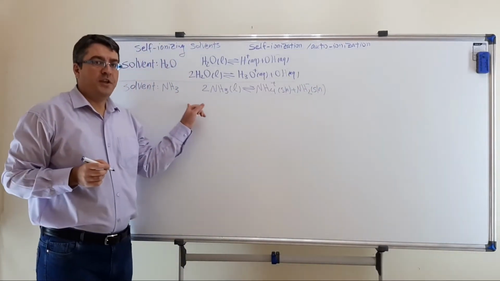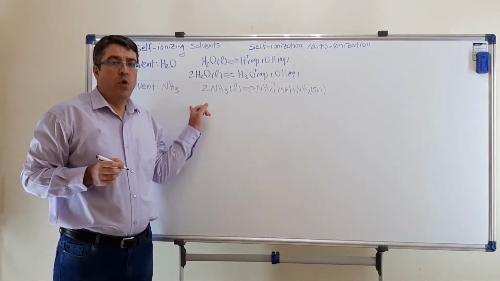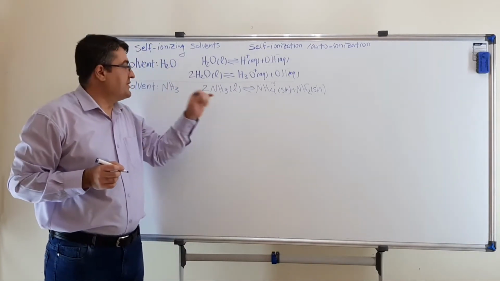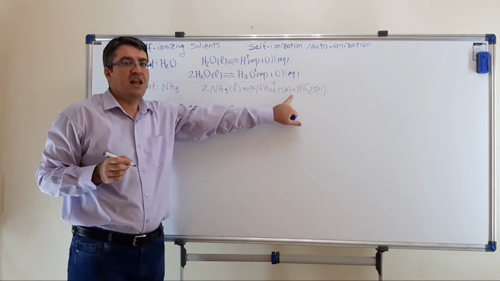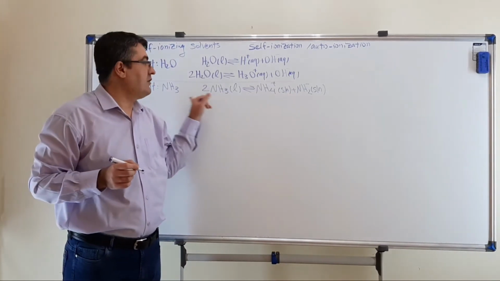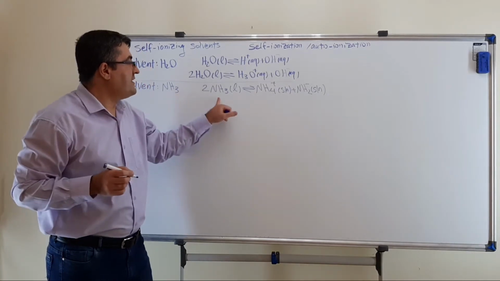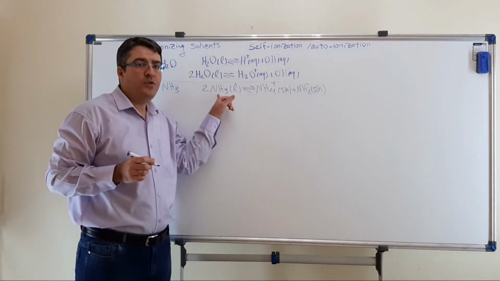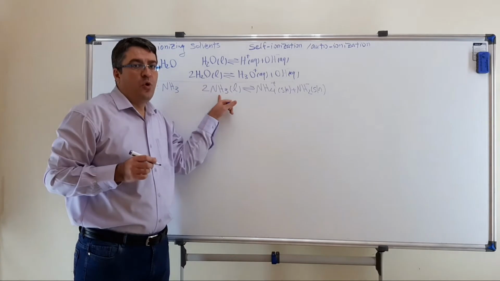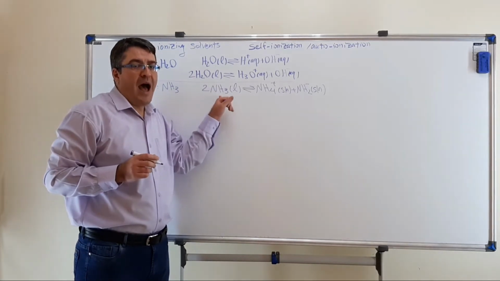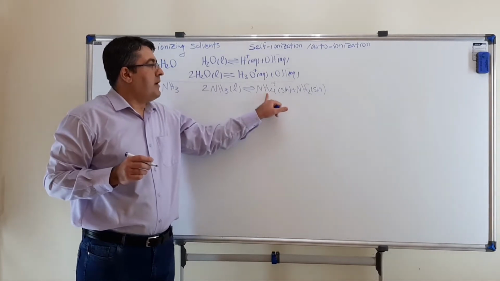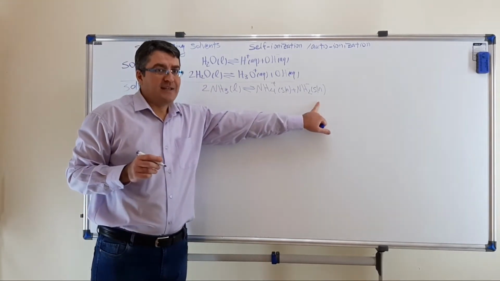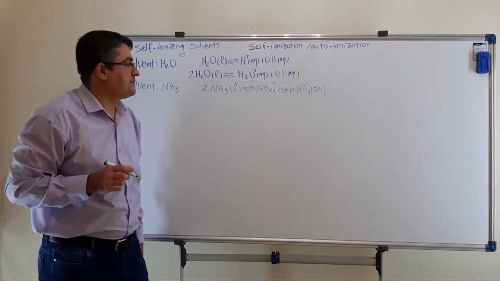In liquid ammonia, in its pure form or its non-aqueous solutions, we can have this reaction. This is the self-ionization reaction of the solvent ammonia. In this reaction, one ammonia molecule donates an H+ to another ammonia molecule, yielding ammonium and amide ions as products.